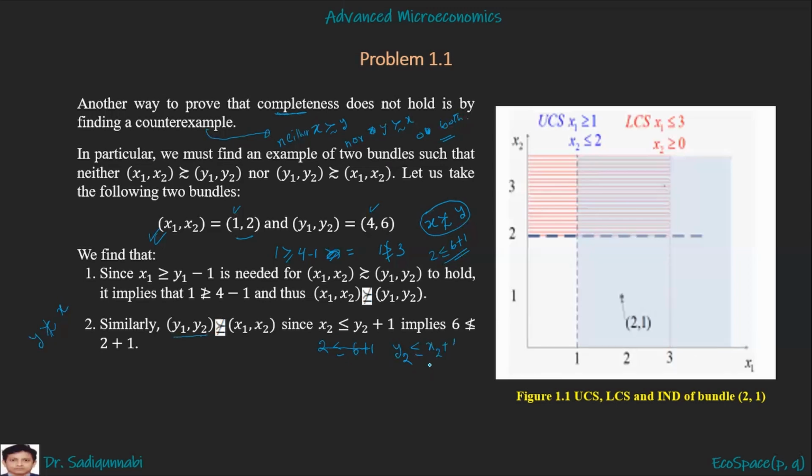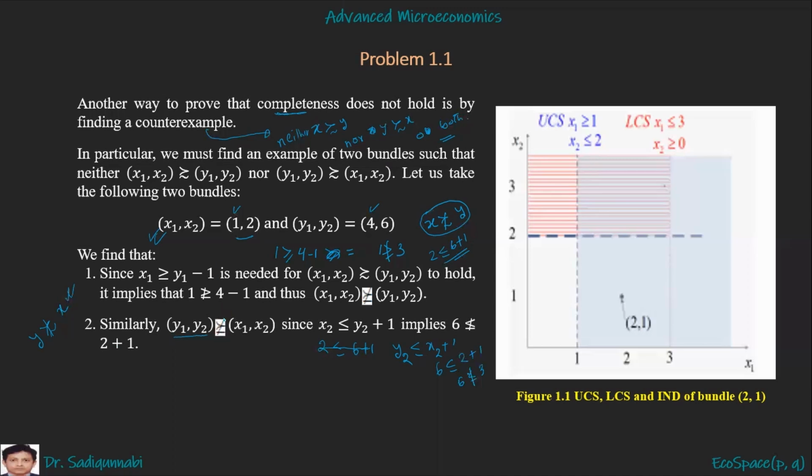If we see that y2 is 6 and should be less than or equal to x2, which is 2 plus 1, that means 6 should be less than or equal to 3, which is again not possible. So that's why we can say that y is not weakly preferred to x.